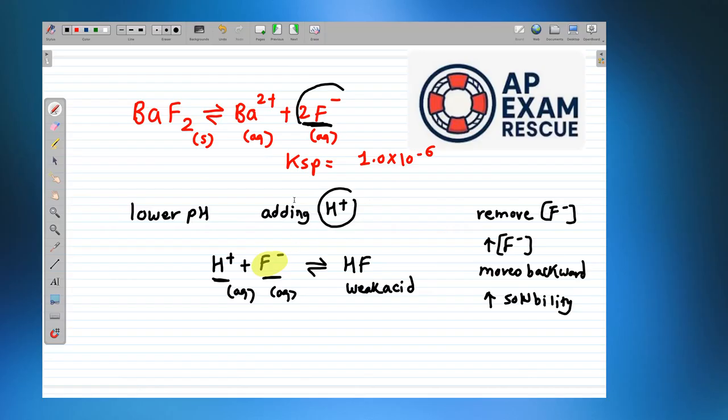Okay. Let's see some questions that come in exams and see how we can answer such a question in the MCQ if it comes in the exam. So let's see number 1.